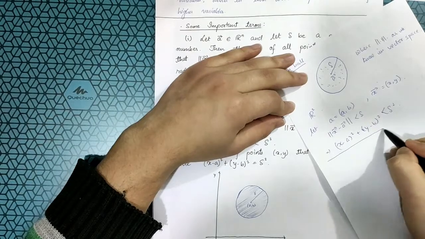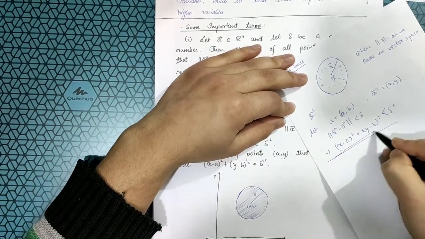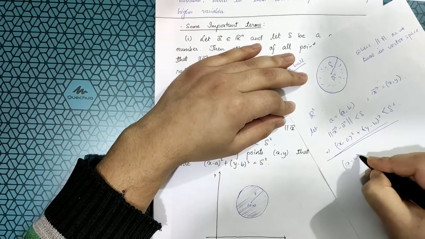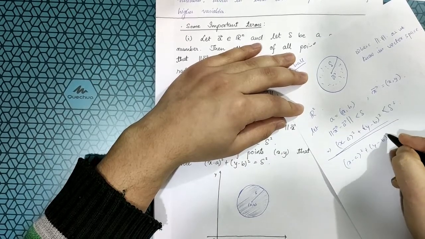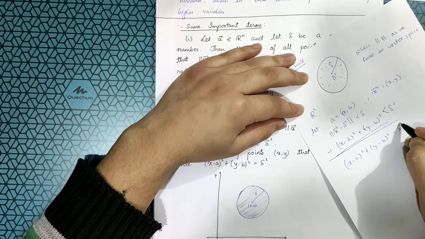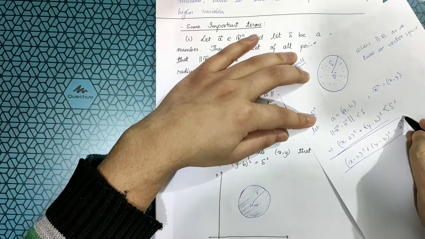And basically (x minus a) whole square plus (y minus b) whole square equals delta square is a circle.